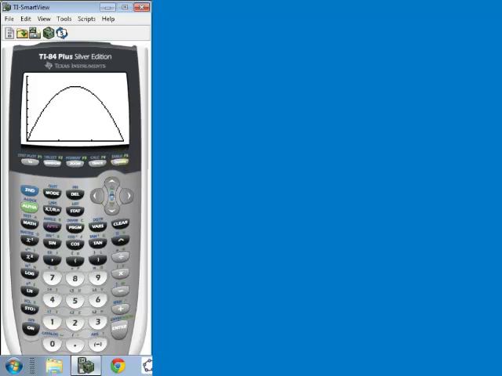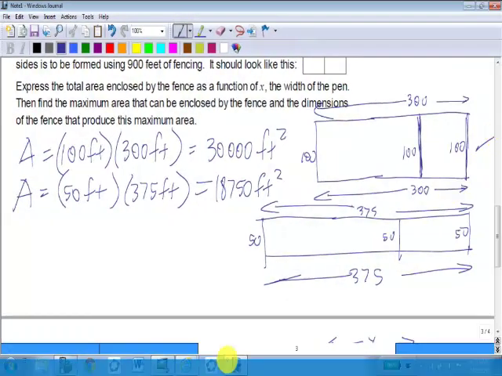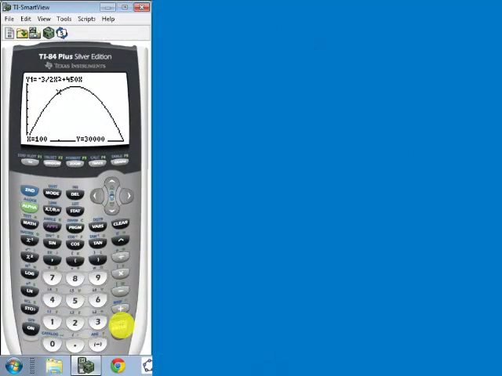There we go. So, as we did at the beginning, if we make the thing 100 feet wide, like this one right here, it tells us it will enclose 30,000 square feet of area. If we pull back from that and just go 50 feet wide, the area is only 18,750 square feet.